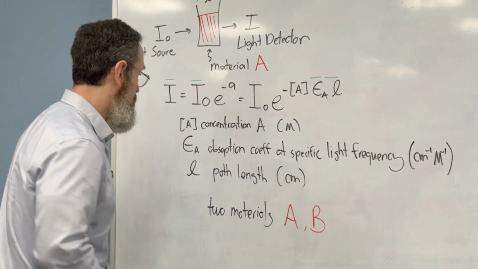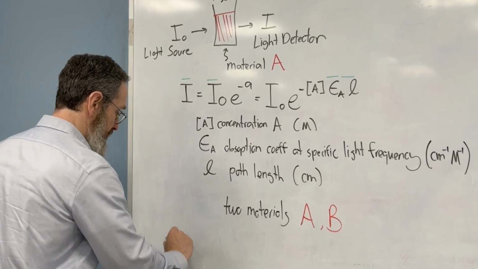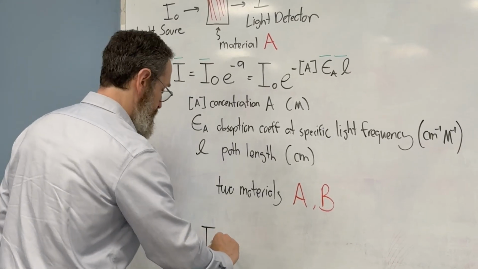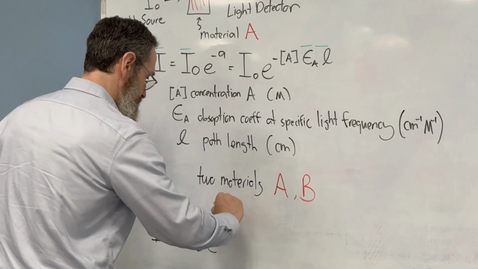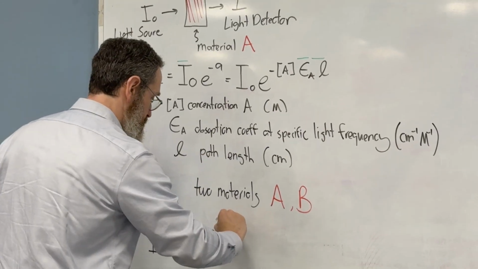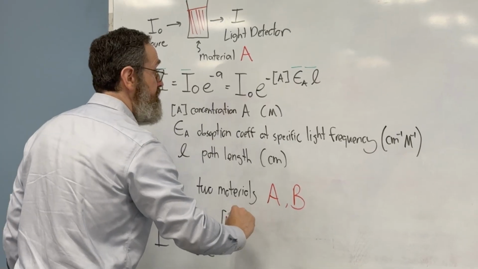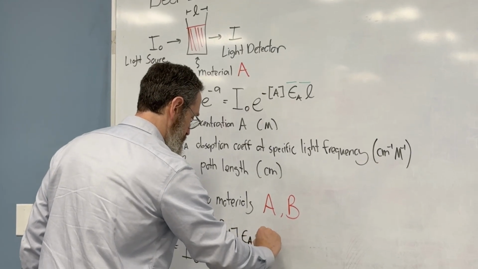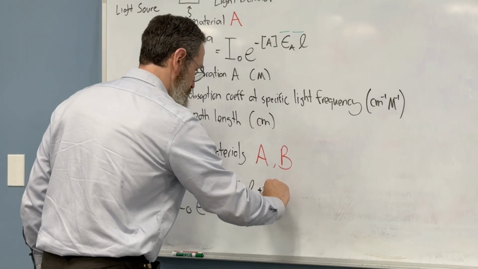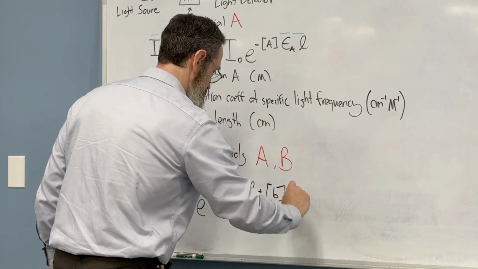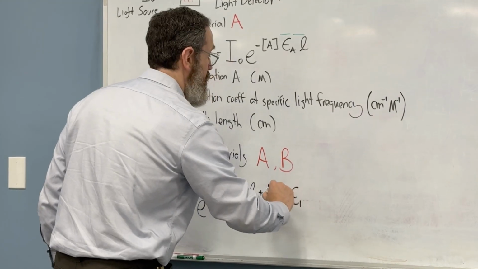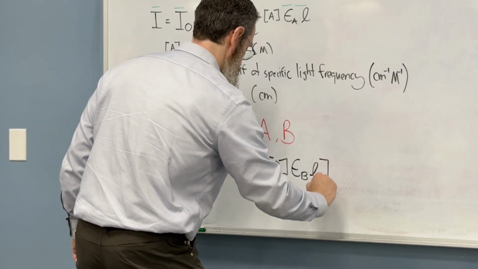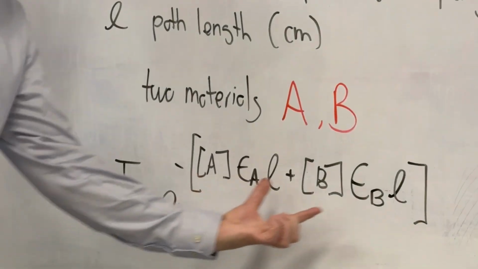And so we get a slightly modified equation which says I is equal to I sub 0 times e to the minus, and what we're going to put here is the contribution from each one. So this could be the concentration of A times the absorption coefficient of A times L, plus the concentration of B times the extinction coefficient of B times L. So you can see we're adding in these two terms.